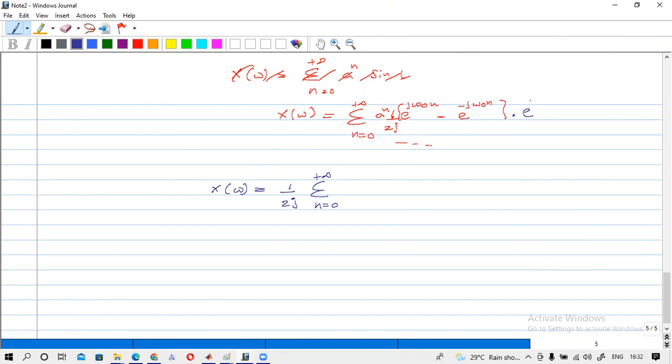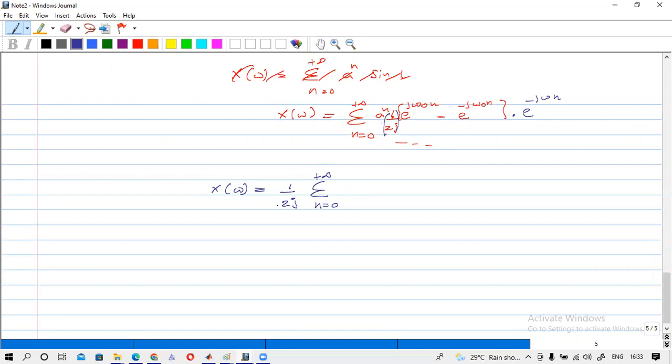We have that part e to the minus j omega n, so we have this part minus j omega n. So you can see that I get 1 by 2j, and this a to the n is there.